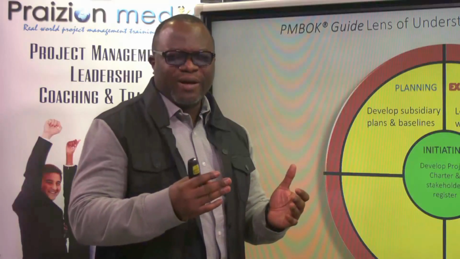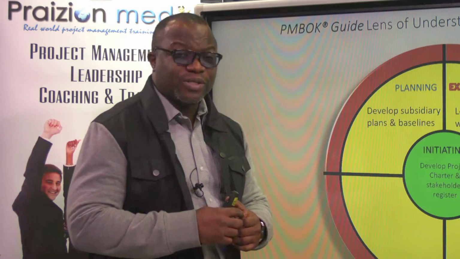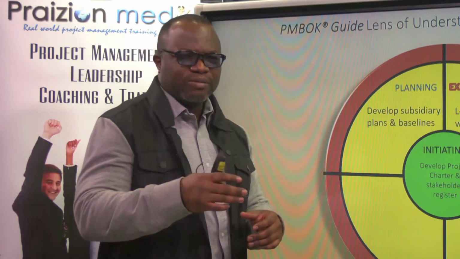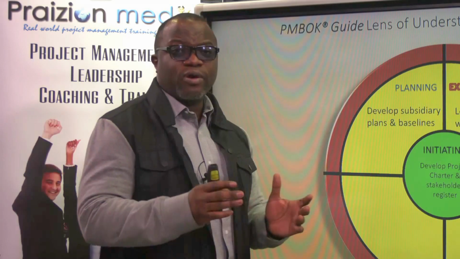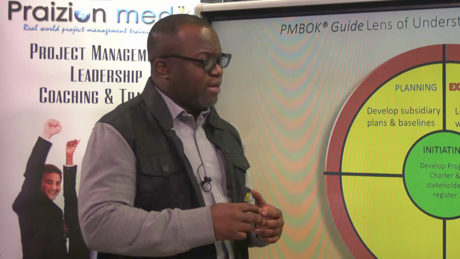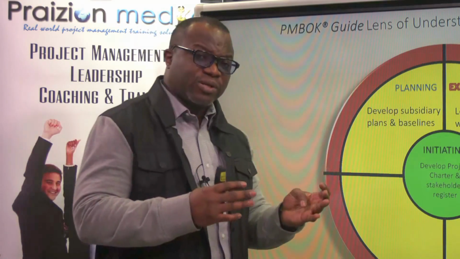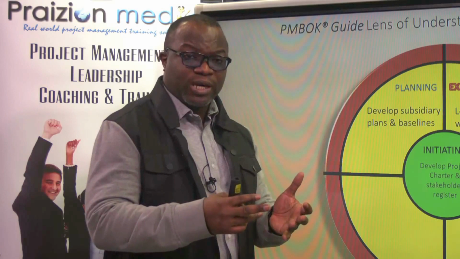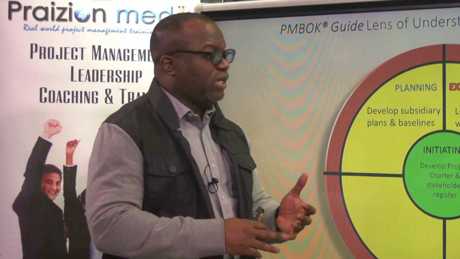A lot of people are clueless about where deliverables come from. They're like, Phil, I don't know where deliverables come from. Okay, control quality. I'm like, no, you're wrong. It comes from direct and manage project work. They are not aware. So I've mentioned four very important processes here. I've mentioned acquire, develop, and manage. Acquire project team, develop project team, manage project team. I've talked about direct and manage project work.